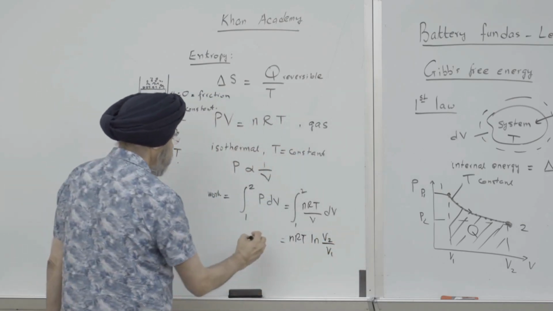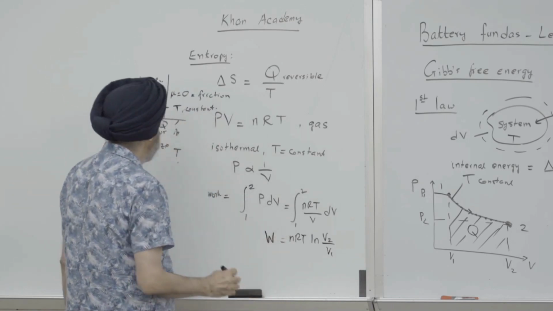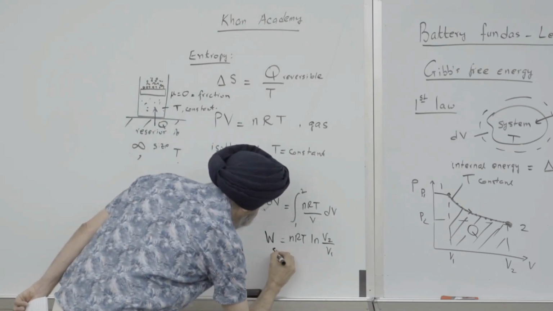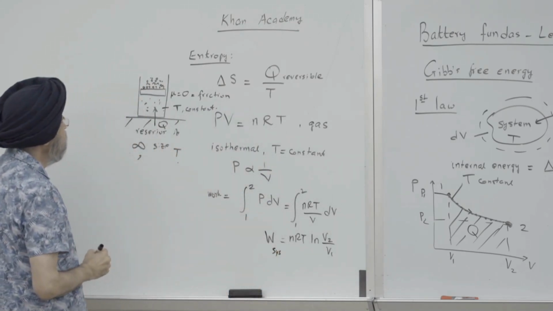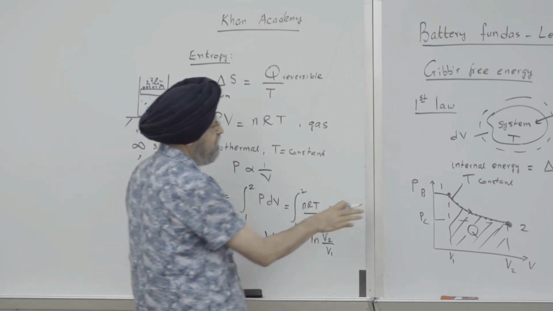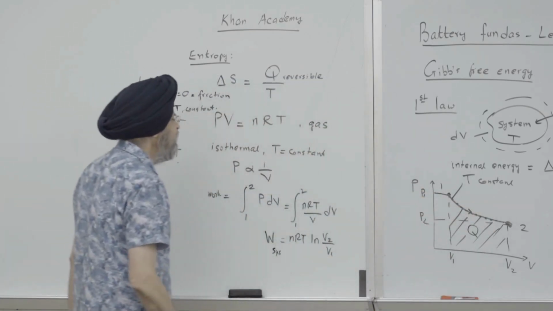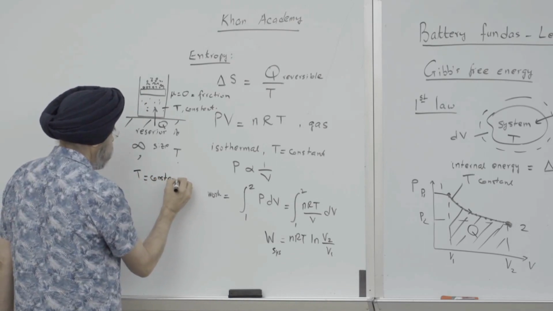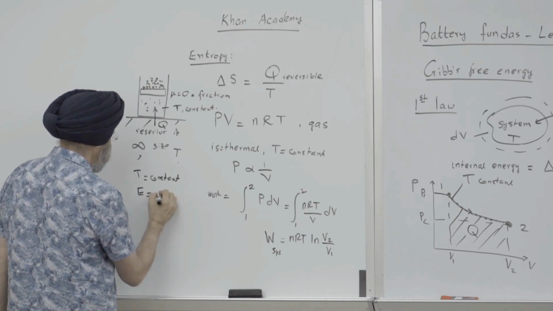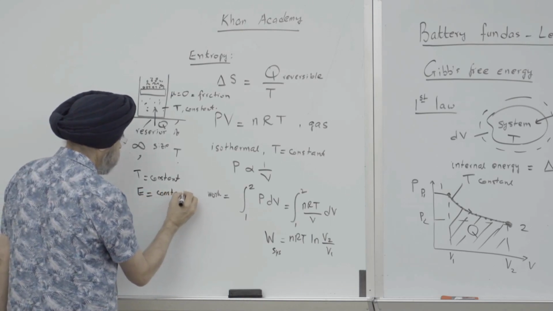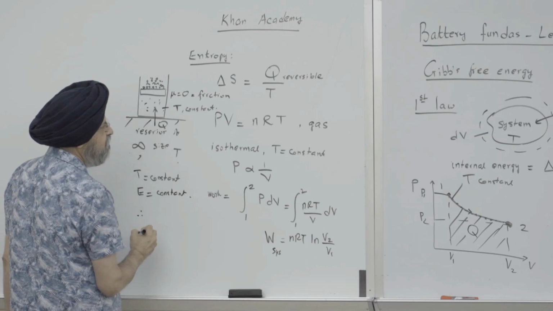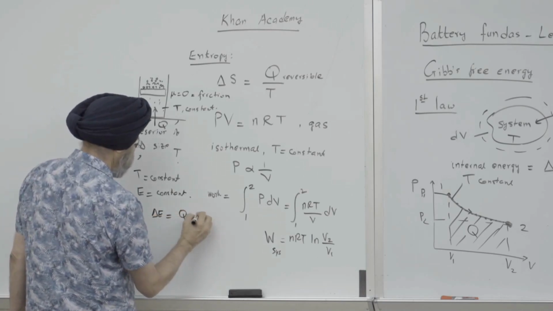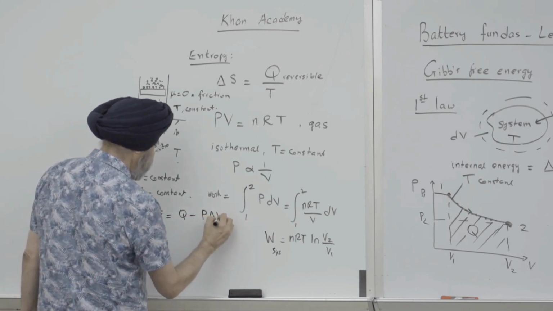So this is the work done by the system on the surrounding. But notice I said we're on an isothermal line. So temperature is constant. Therefore, internal energy is constant. Therefore, by the first law, delta E is equal to Q minus P dV.